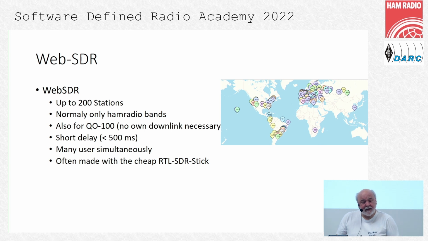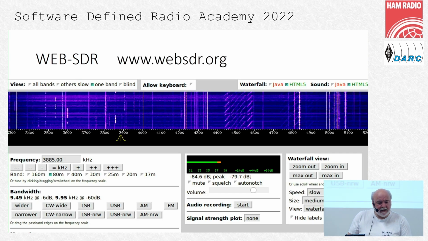One of the advantages of the WebSDR is the delay is very, very short, normally shorter than 500 milliseconds, and there are also many users simultaneously available on the different WebSDRs. You need only an RTL stick for being a member of this community.